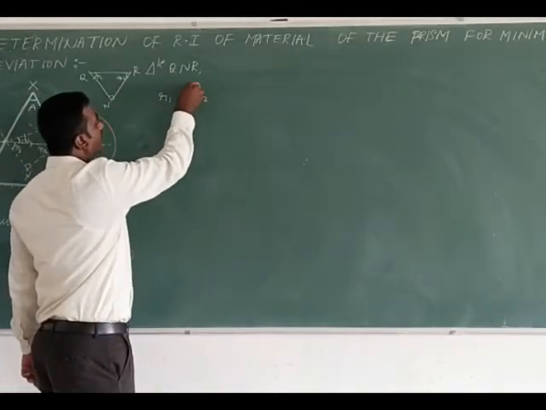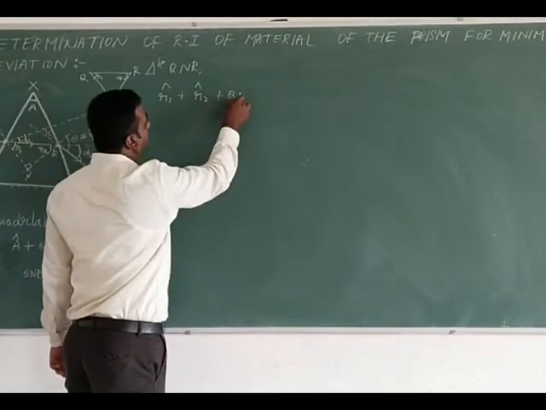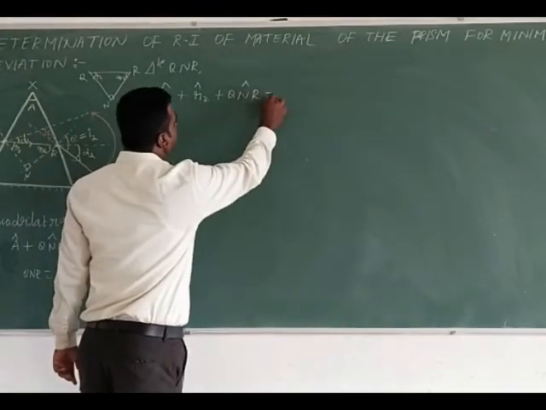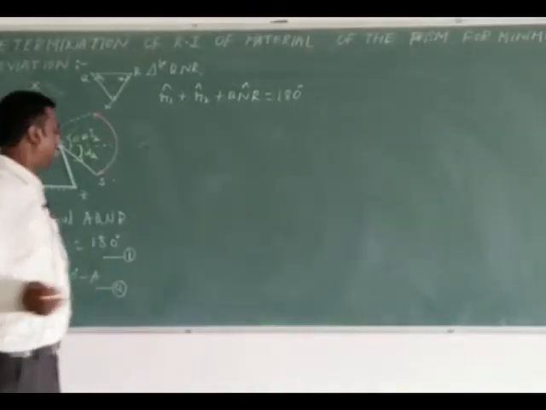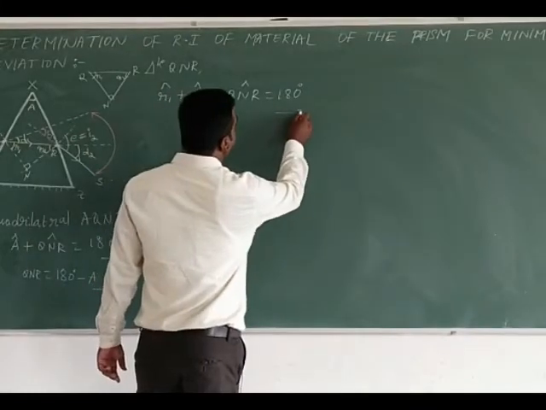That is R1 plus R2 plus QNR, which equals 180 degrees. Let us call this equation number 2.